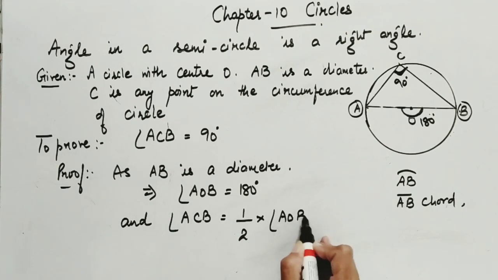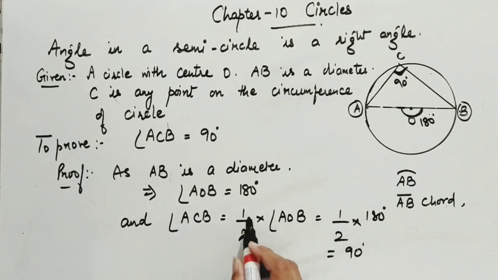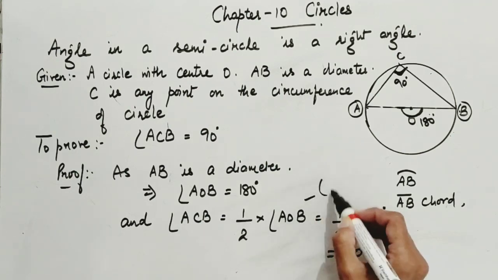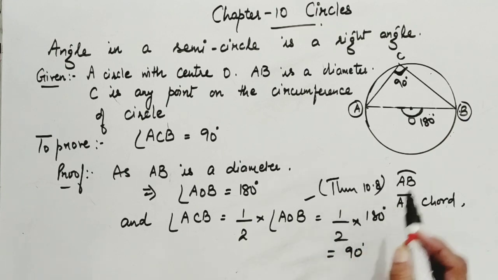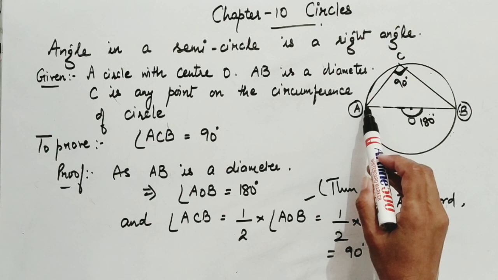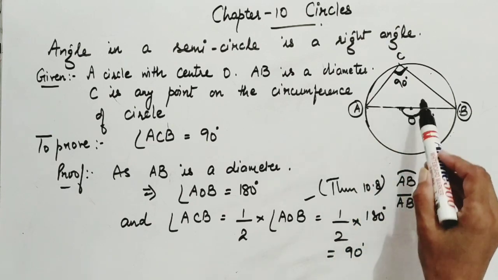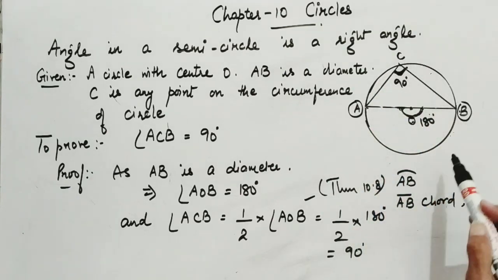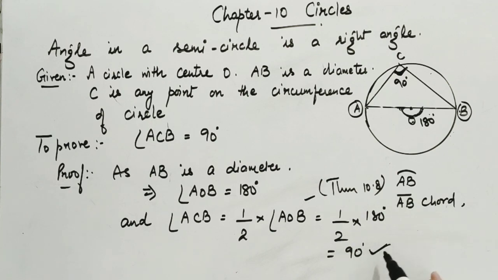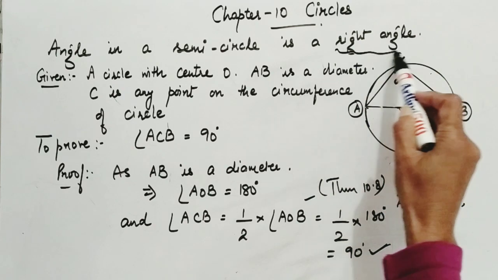So half of AOB would be half of 180, which makes it 90. The reason we must write is theorem 10.8, which says the angle formed by an arc at the center is double the angle formed by the same arc at the remaining part of the circle. So that's how the result is proved, that angle in a semicircle would always be a right angle.